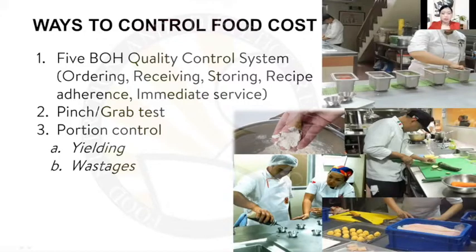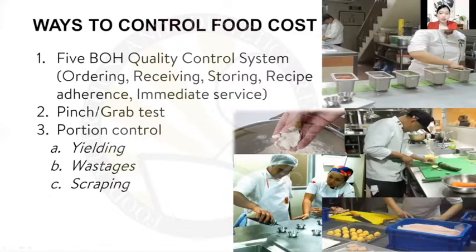Wastages are recorded, and we make sure that any food that is discarded is in the record, because we can use it as part of our reports when it is time to analyze our food cost.